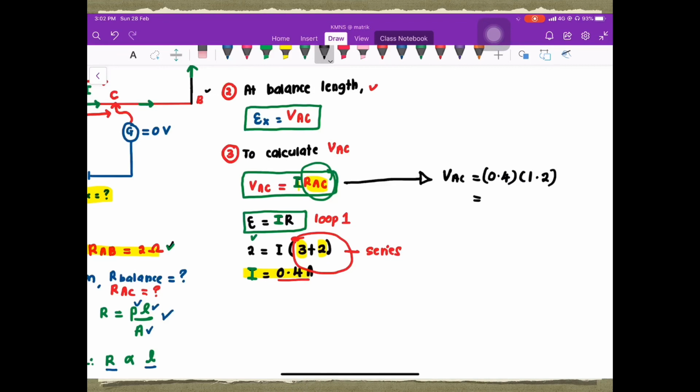The answer is 0.48 volt. So 0.48 volt refers to the value of the unknown EMF that we need to calculate. So the answer is here.